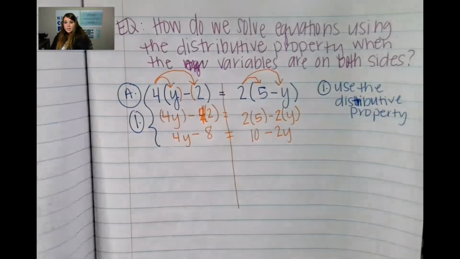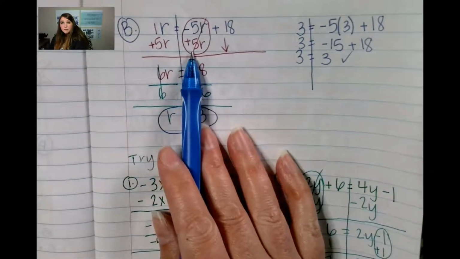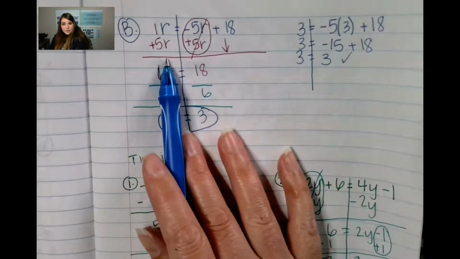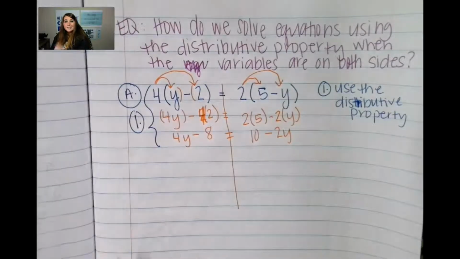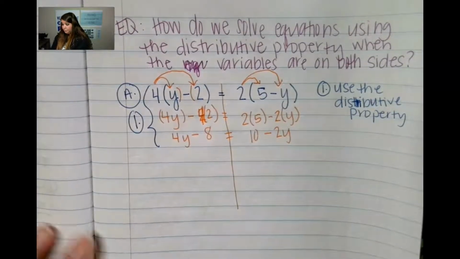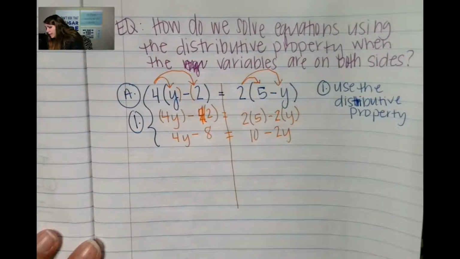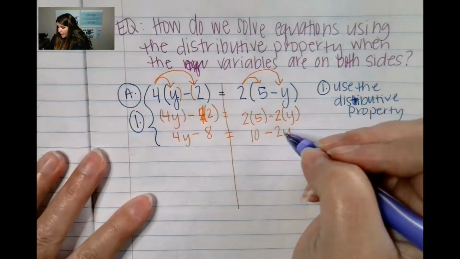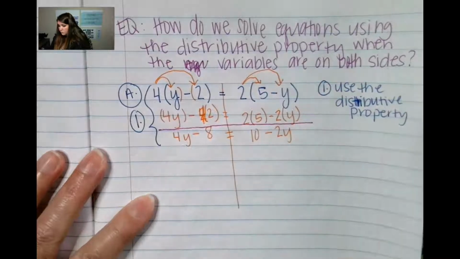So yesterday's lesson showed us how to get the variables to one side. We had to move them by either adding or subtracting to move everything over to one side. So we're going to do that same thing today. You can choose where you would like to start with that. Totally your choice. So I have a line that I'm going to draw now so that it's not so confusing.